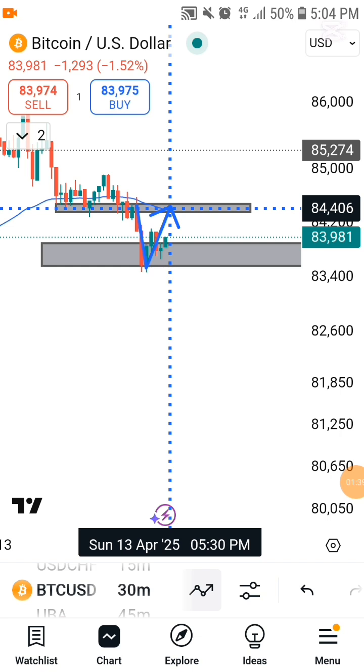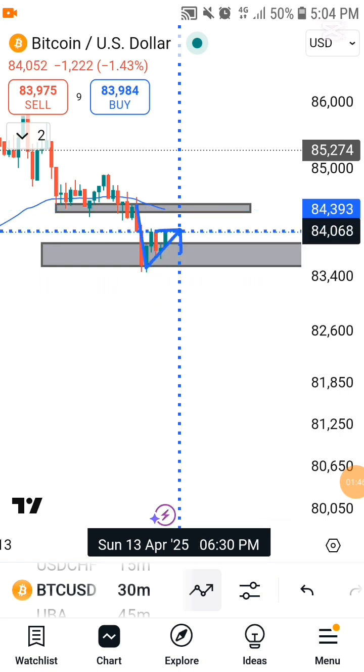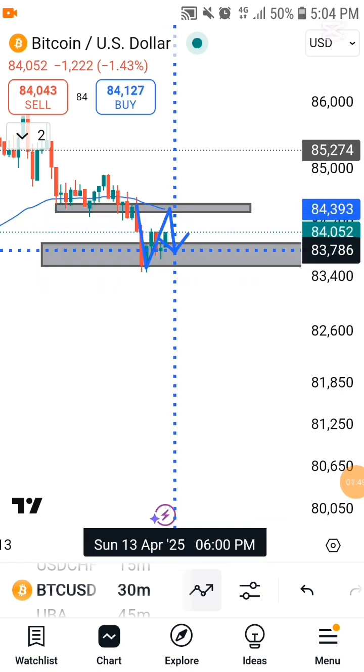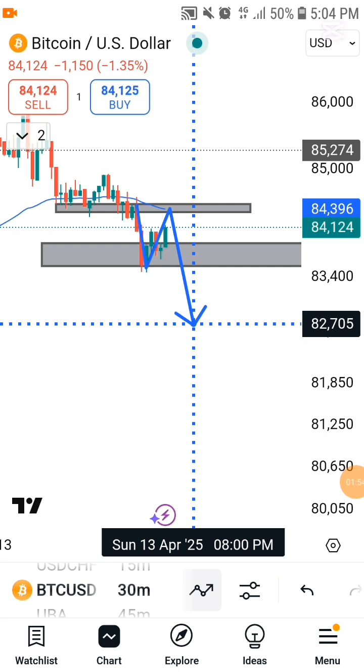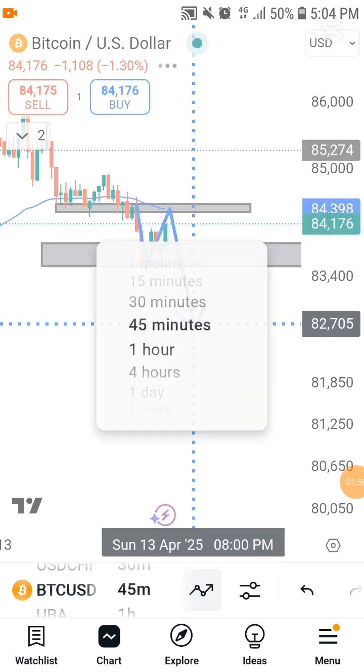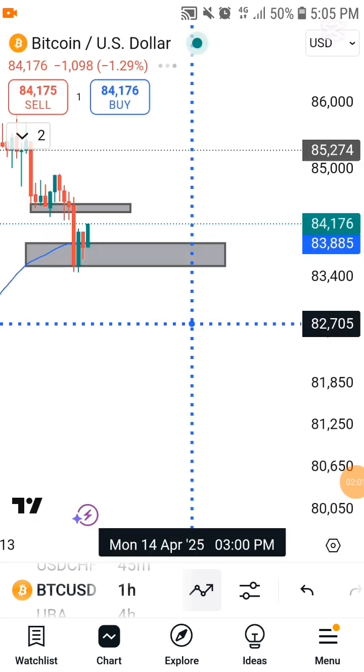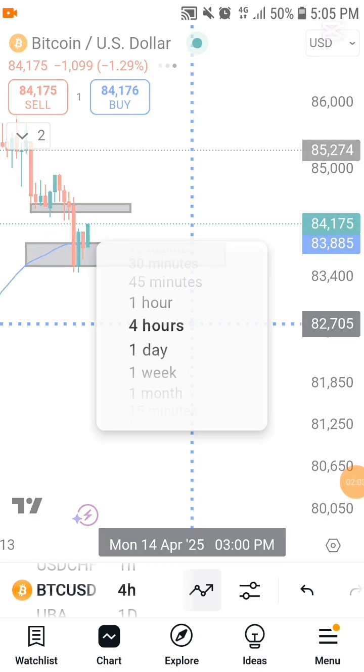As a scalper, if you buy this market from 1 hour, you have to take your profit at the 30-minute resistance, because once this market breaks from this 30 minutes, it will not stop at this 1 hour again. It will come straight to a 4 hour support, because 4 hour is still below 1 hour.